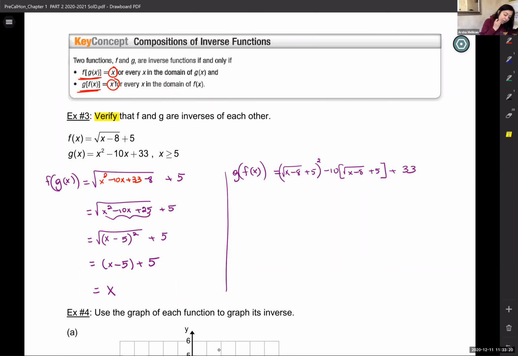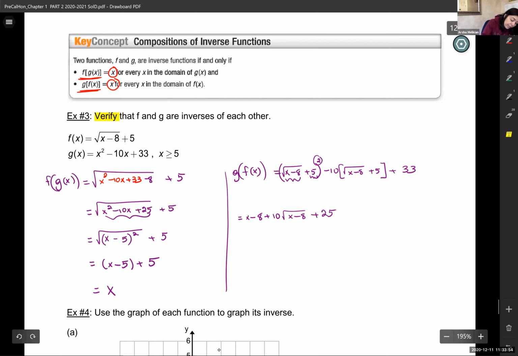Okay, so what happens here? Look, in this first parenthesis, I square the first one, I get x minus 8, plus 2 times 5, 10 times the root x minus 8, plus square the last term, you get 25.